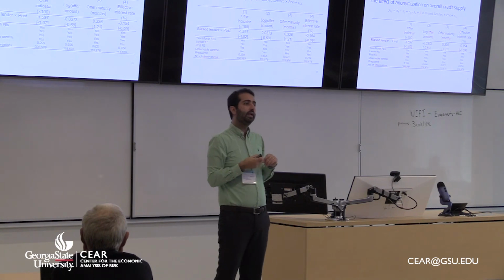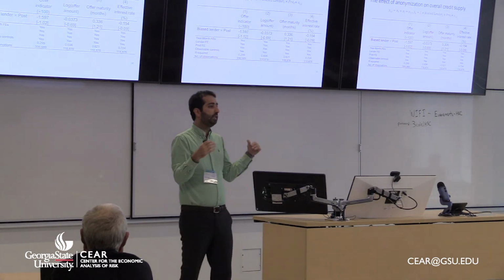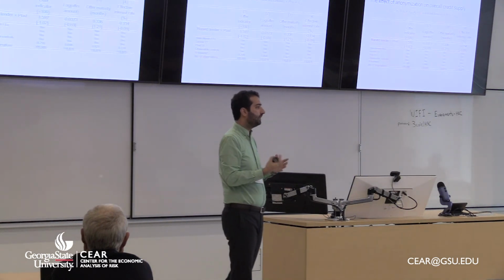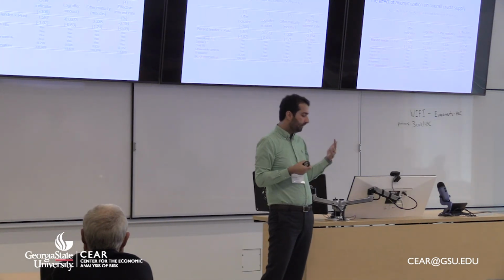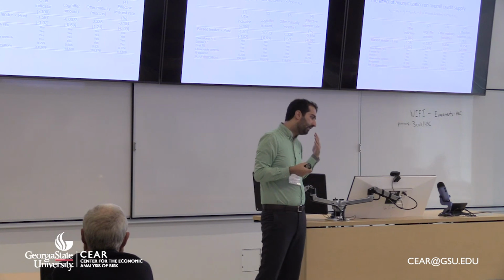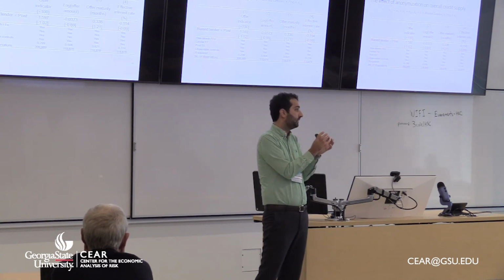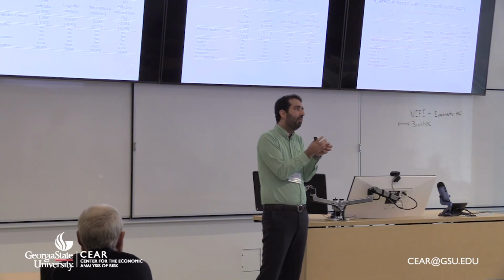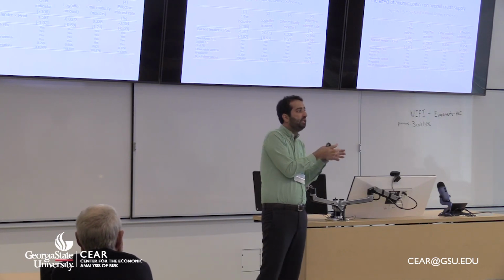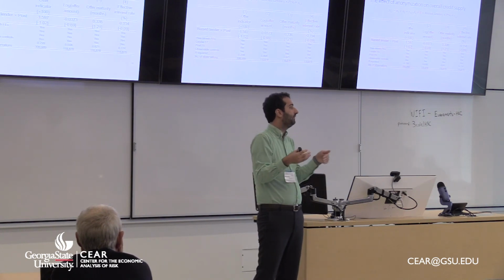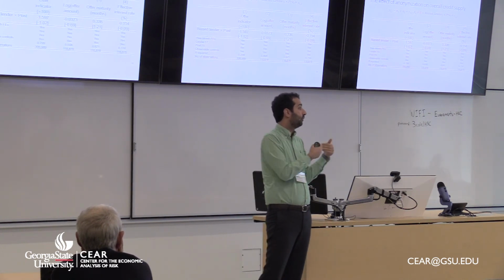What we do here is split the sample into biased lenders versus unbiased lenders. What is the thought experiment here? If you are an unbiased lender, which is basically a lender that doesn't discriminate, you're probably not using name to discriminate. So we think of these lenders as the control group.